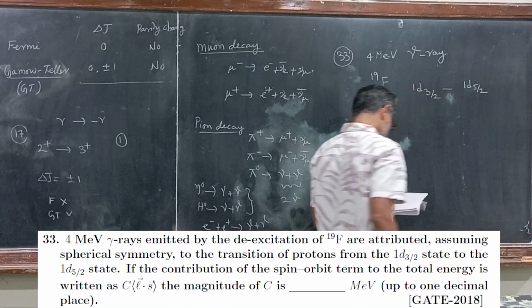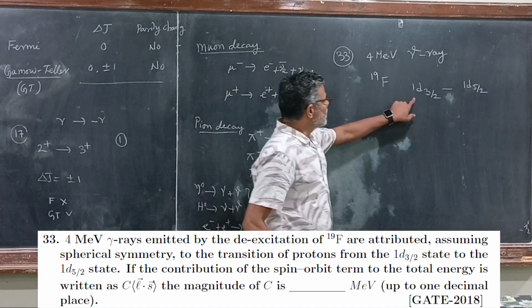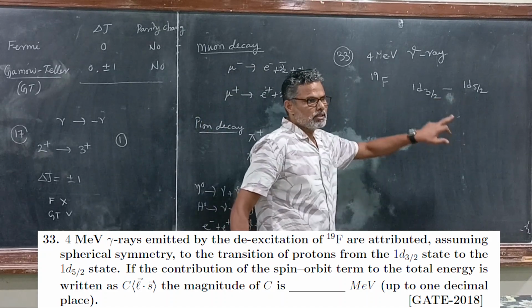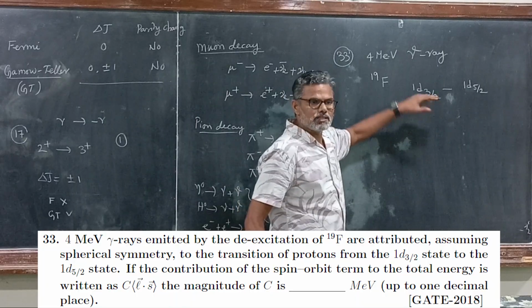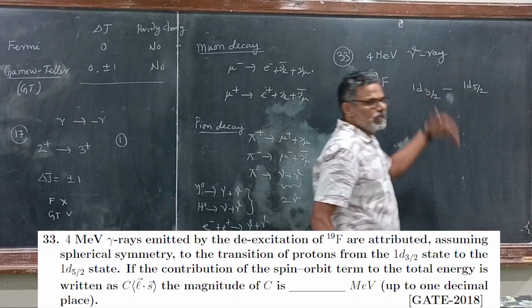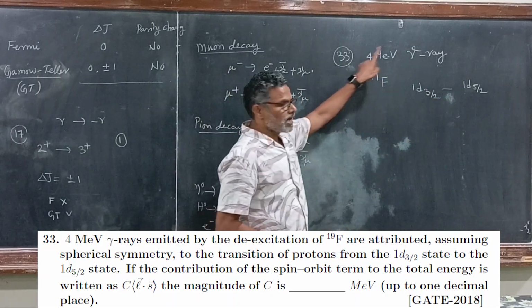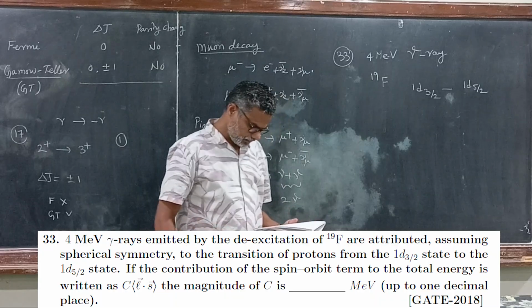So this is the problem. So when this fluorine atom is de-excited from 1d 3/2 to 1d 5/2, 1d 3/2 is in a higher energy. 1d 5/2 is a low energy state. So when it comes from high energy state to low energy state, this 4 MeV gamma ray is being emitted.